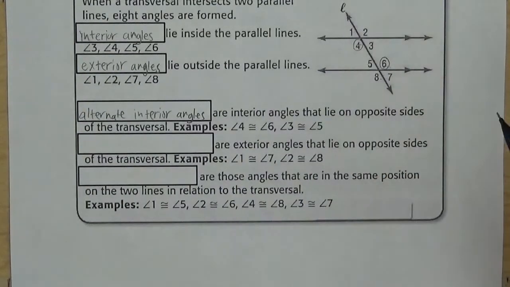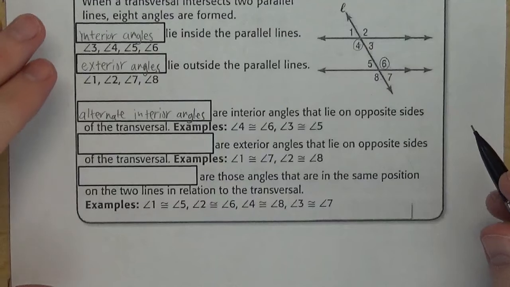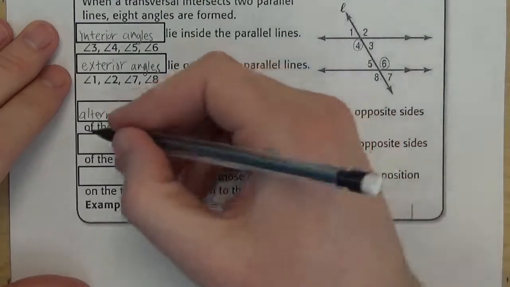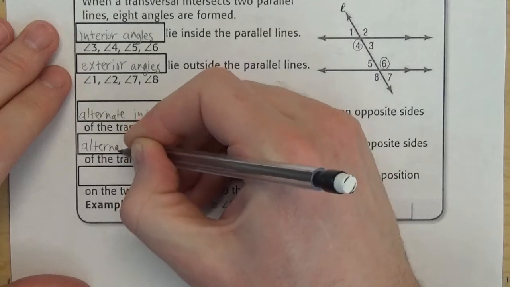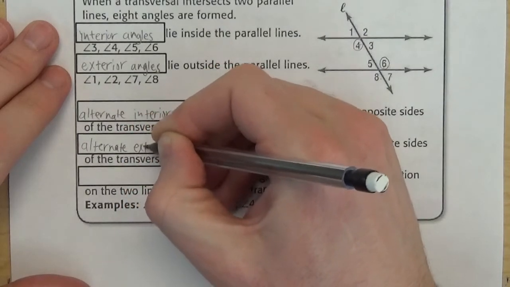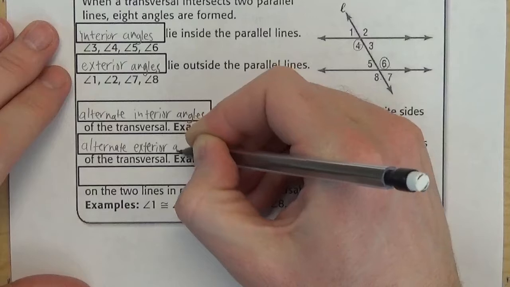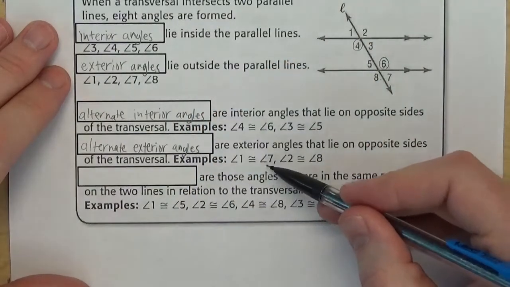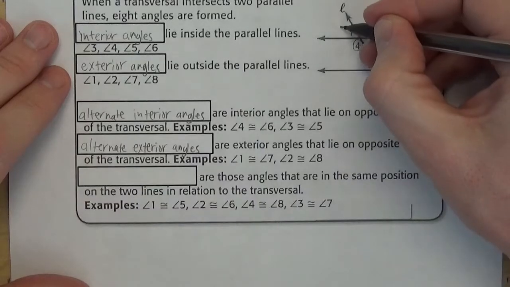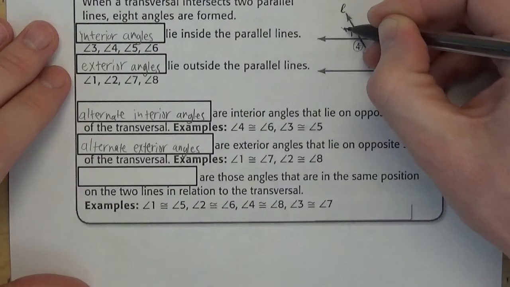Okay, exterior angles that lie on opposite sides of the transversal are alternate exterior angles. So we're talking about angles 1 and 7. I use an arrow to point to these this time.